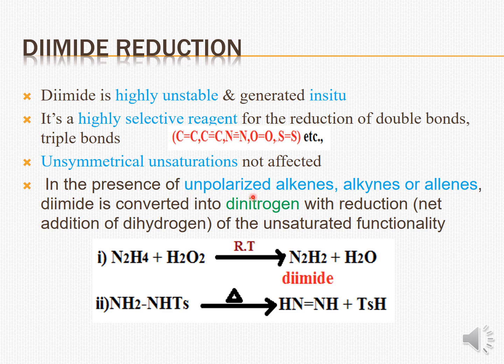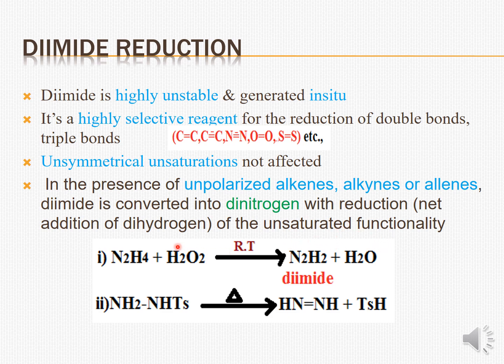In the presence of unpolarized alkenes, alkynes or allenes, the diimide reagent will convert into dinitrogen with the reduction of the unsaturated functionality.